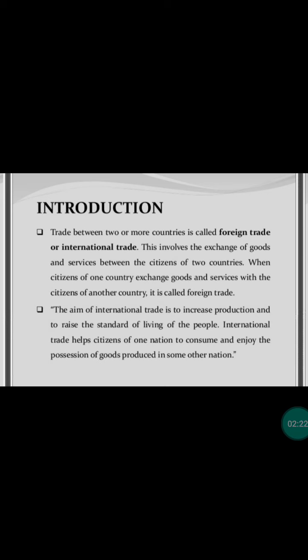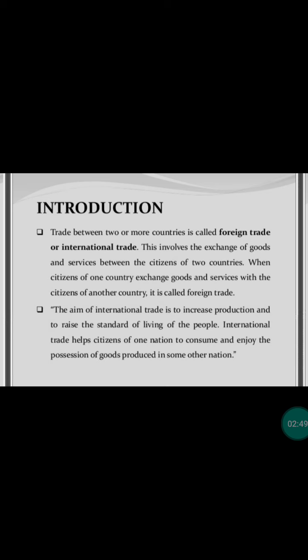Some countries will not have the proper resources or the proper technology to produce certain goods and services, and it is very convenient for those countries to import those goods and services from other countries where they have specialty. So that's why international trade helps in consuming goods which are not available in our domestic country.